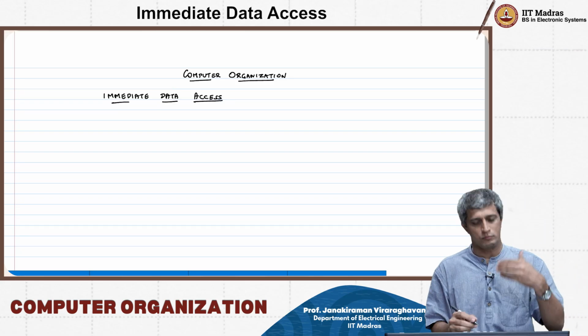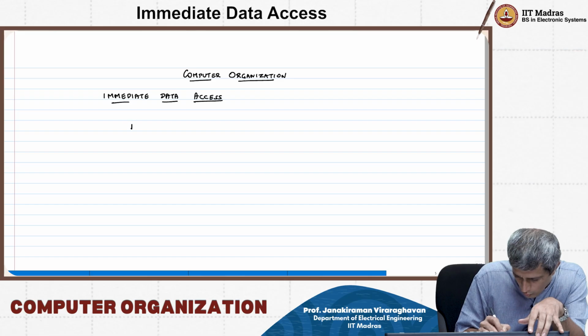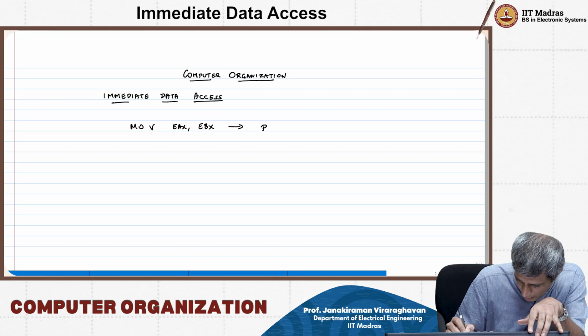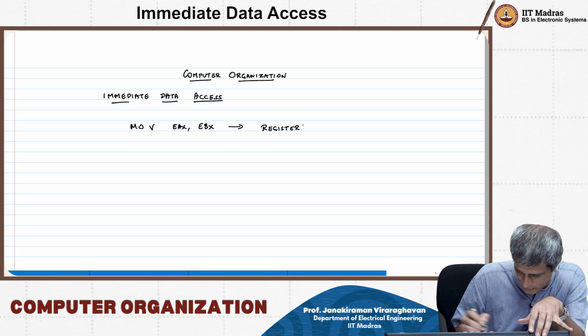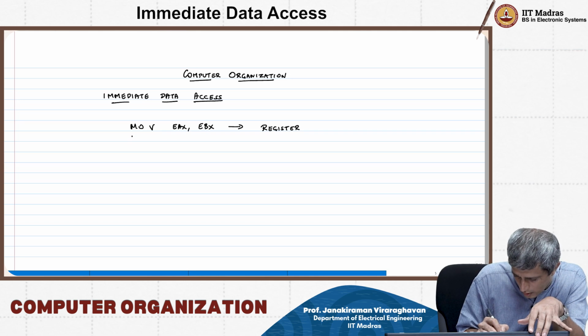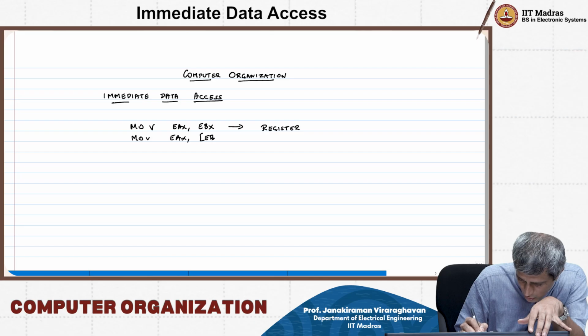Remember I told you that we said move EAX comma EBX. This was a simple register access. Then we did move EAX comma contents of EBX.